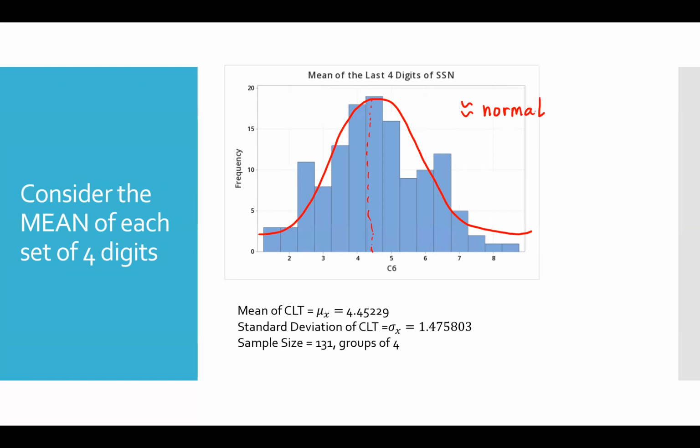So we took a uniform distribution, and by looking at groups of numbers instead of individuals, we have forced the distribution to be normal. And because now I have a normal distribution, I can do all those things that I know how to do with a normal distribution.